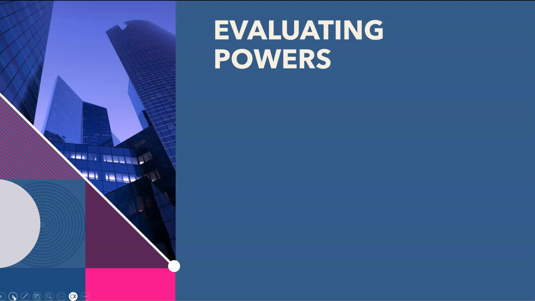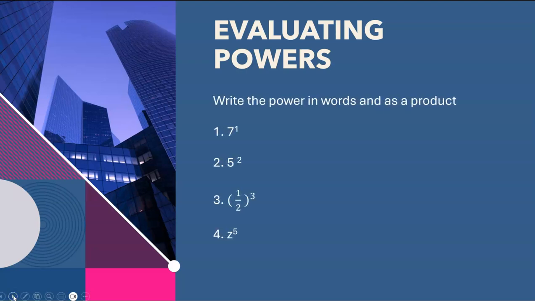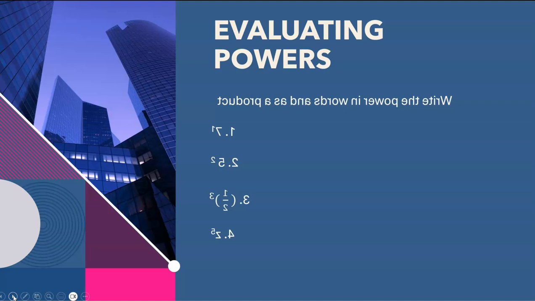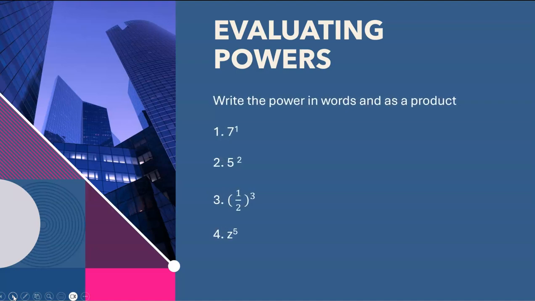First, let's talk about what they look like and how we read and write them. Here are some examples of what we call powers. There are actually 4 examples here. We're going to practice writing the power in words and as a product of values, which is what a power tells us essentially. Okay, let's start with the first one.